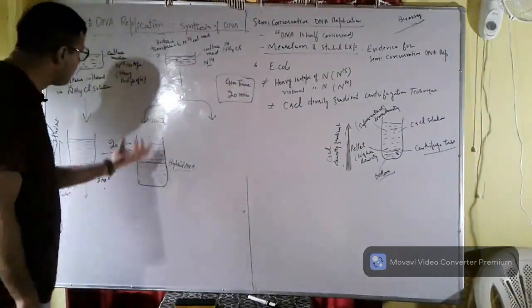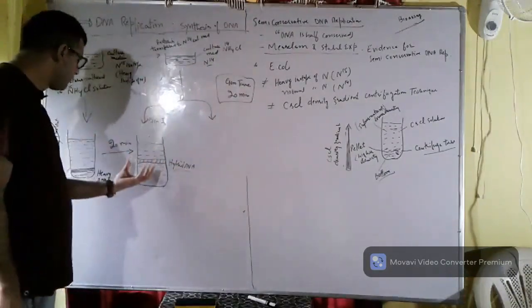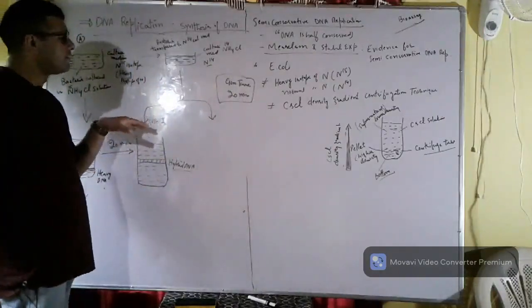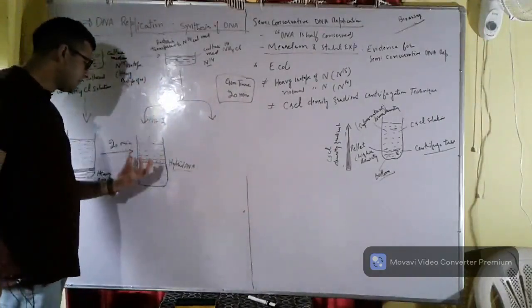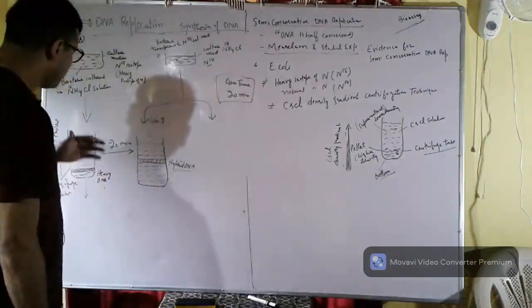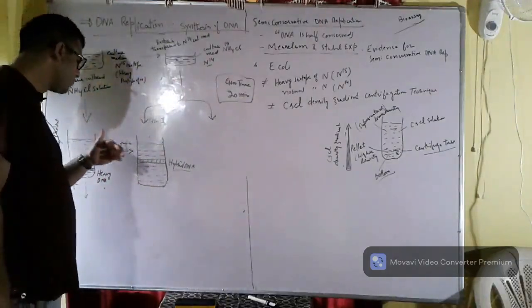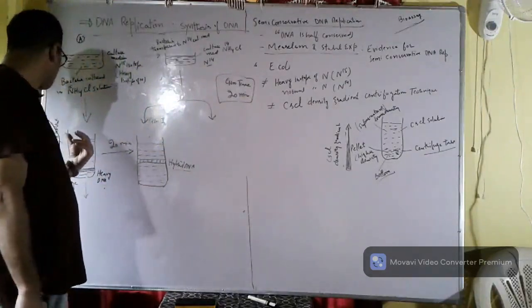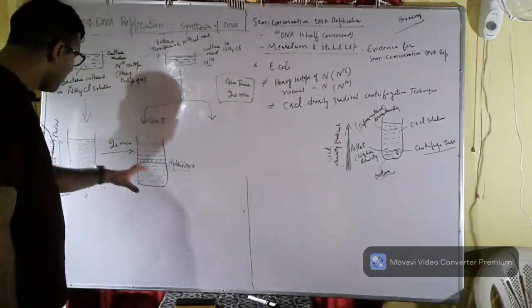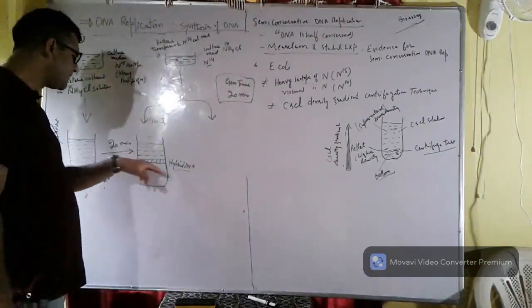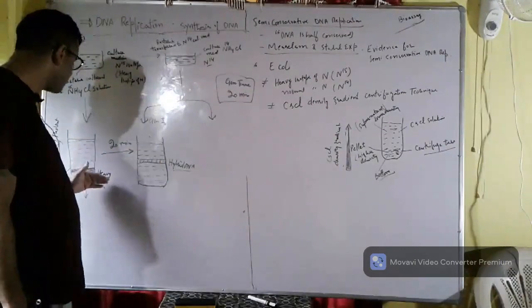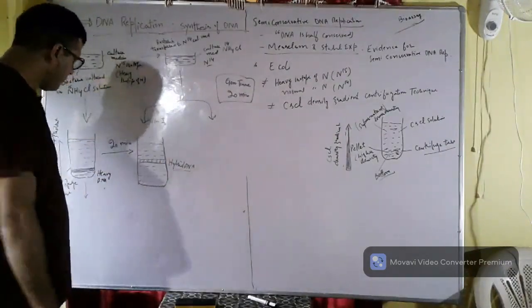See, after the first generation time of 20 minutes, the DNA of these bacterial cells was tested by means of cesium chloride density gradient centrifugation, and then they found that this DNA formed a band a little bit higher as compared to that of the heavy DNA.